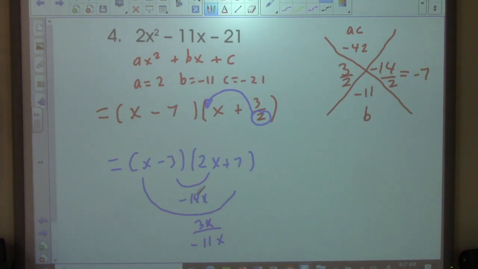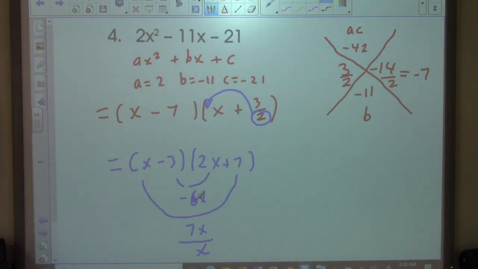Okay, here you get negative 6x, right? And here you get positive 7x. That's going to add up to x. That's not going to work. Right, so you see why that's not going to work?